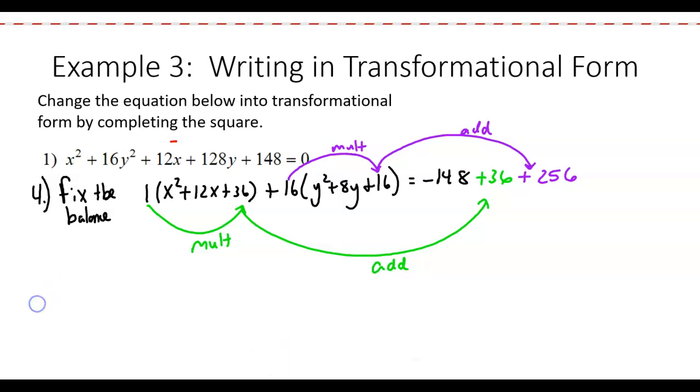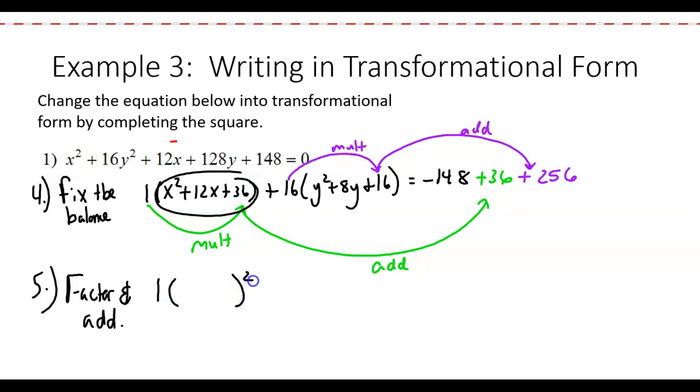Okay, the next step is going to be to factor and add. So factor and add. So here, if I factor this, it's going to end up looking like this.